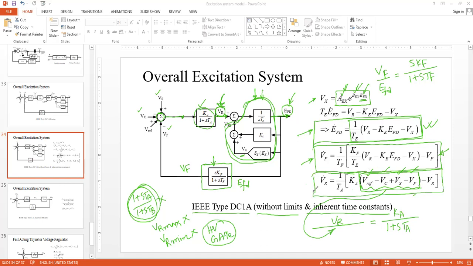So that means after ignoring the limits and also ignoring the inherent time delays or time constants within the exciter block for a DC1A exciter IEEE model, we will get 3 additional state variables. Out of this overall excitation system, with these assumptions, we will get 3 additional states.